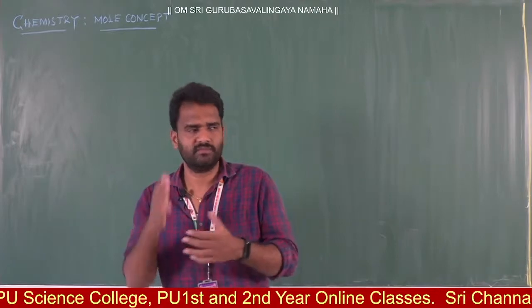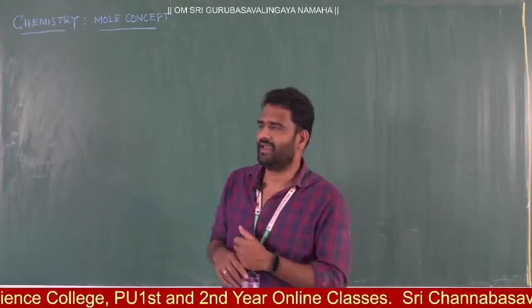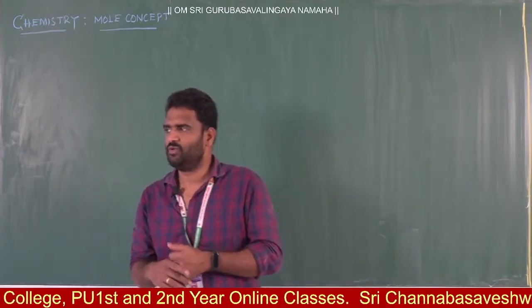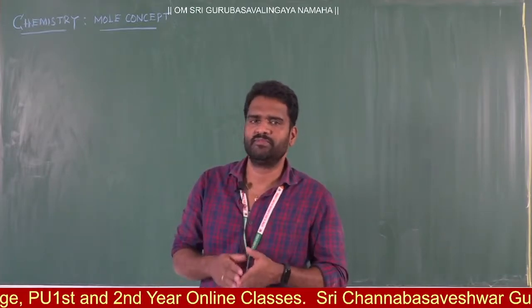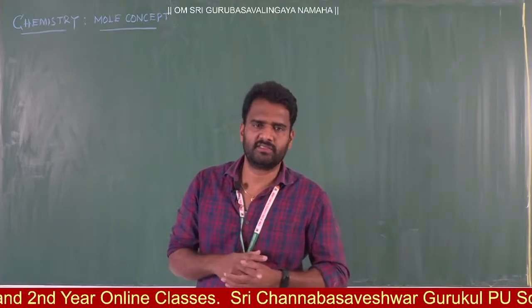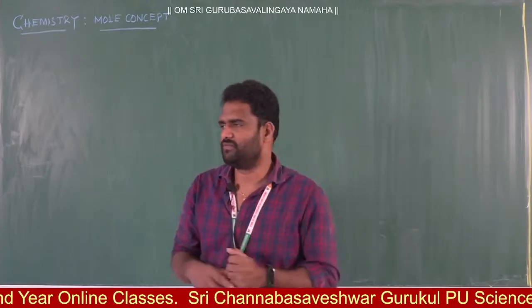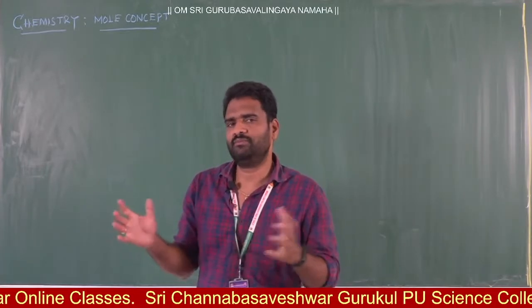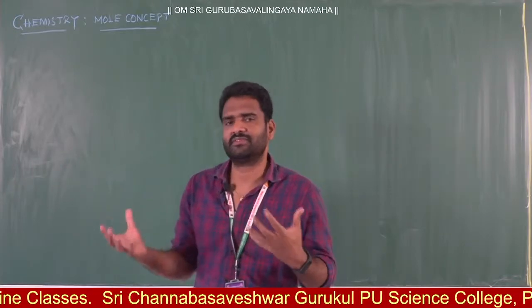These are volume measurements. To measure energy, you will be having calories, joules, electron volts, ergs. These are units of energy. So these are all units we are using to measure the substance.